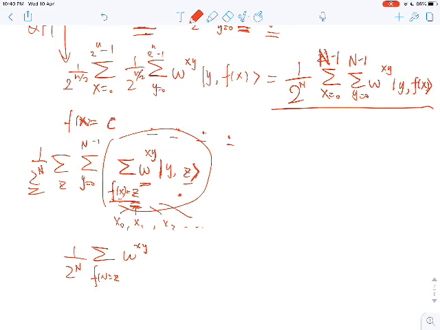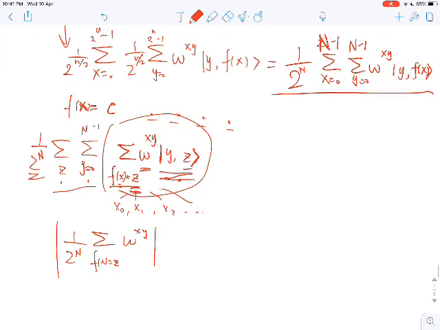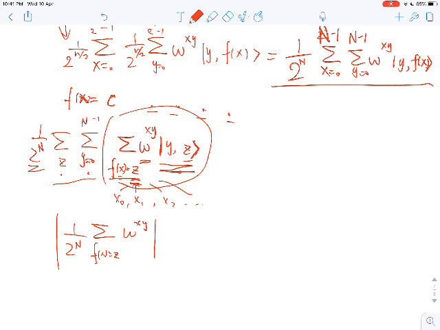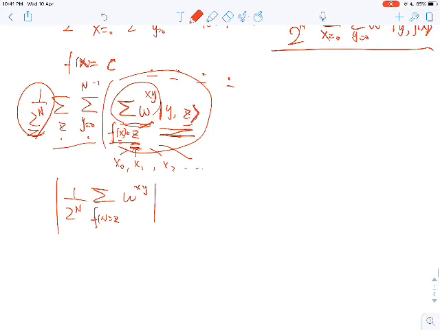This is the coefficient of this yz state, because this sum is for y, this sum is for z, then we don't care. This is just a sum of the state. So the coefficient is the group of these two parts, and the probability is just the square of it.